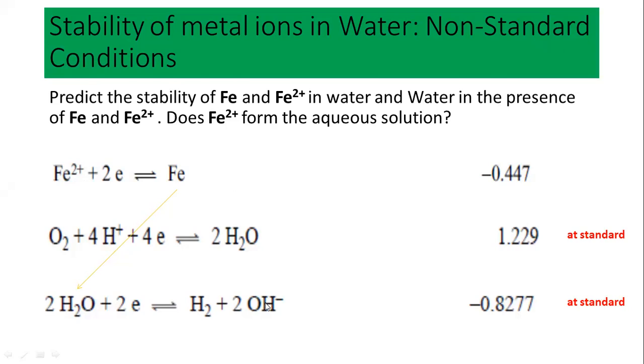So for laboratory purposes, or as a chemist or a researcher, we are going to have the possibility of non-standard conditions in the laboratory, because we are not always working with the standard conditions.